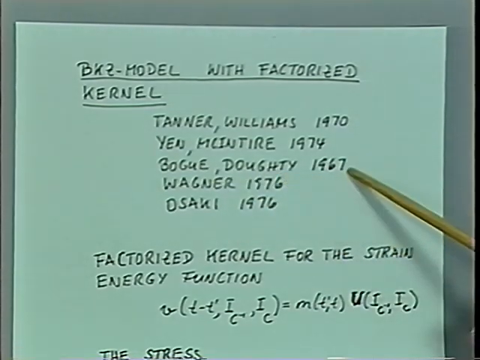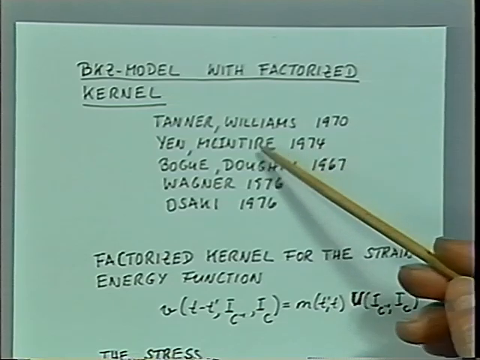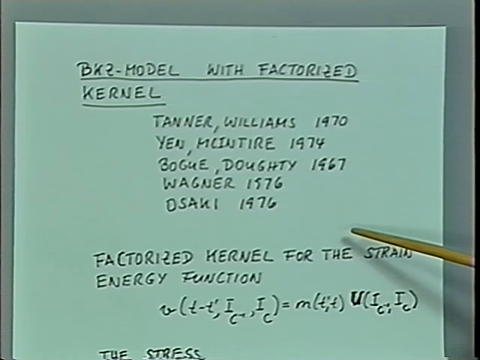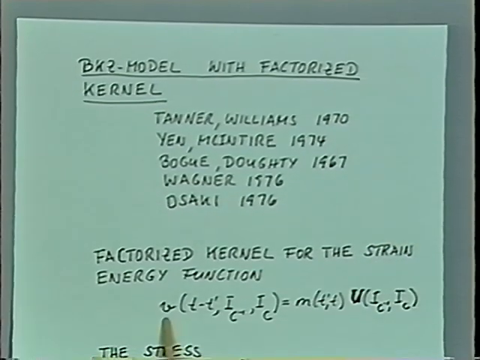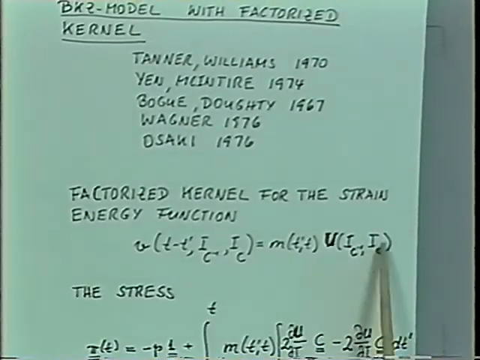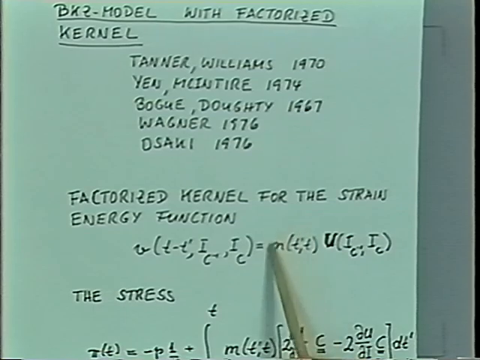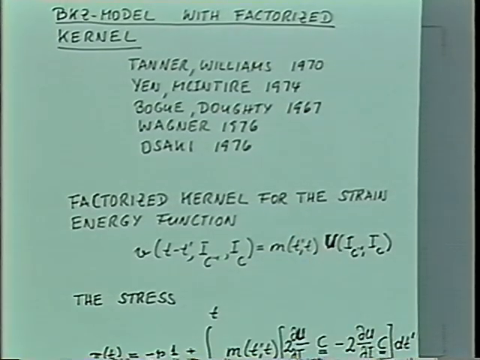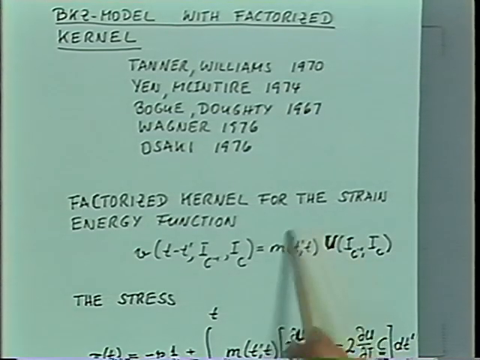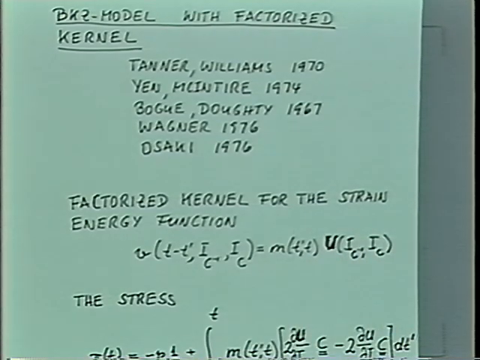Bogue and Doty, for instance, '67, Tanner and co-workers, and Yen, McIntyre, Wagner, Osaki, they all proposed a specific kernel where this decaying function in time was broken down into a time function and a strain function. Now, this time function would come out from linear viscoelasticity, and the strain function has to be determined with experiments.